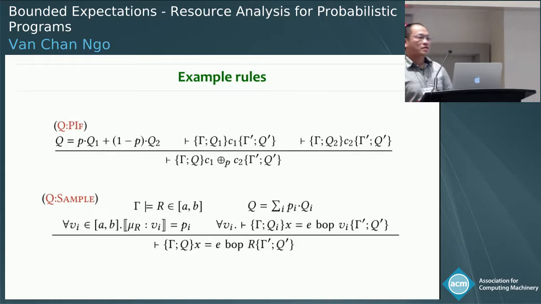So if we want to support real values and continuous distributions, the domain is infinite, so we cannot apply the rule here. I don't know how difficult it would be to deal with that.